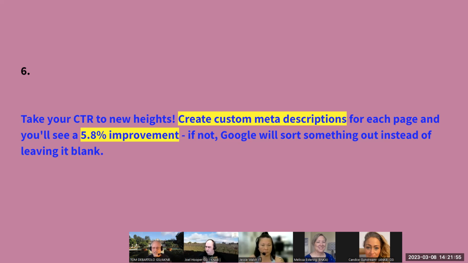And again, just like an advertisement, you have a few words that you want to create excitement in the people who read it and have them come to your page to learn more about it. So that's something we use already. So already you get a 5% improvement in your click-through rate.